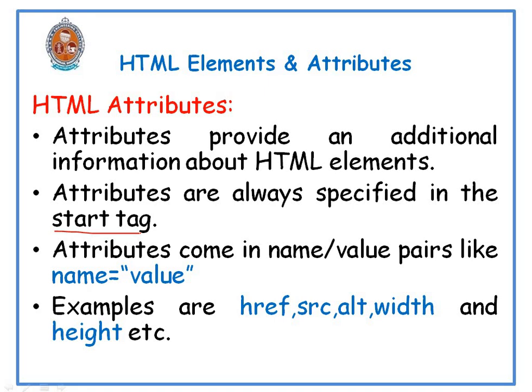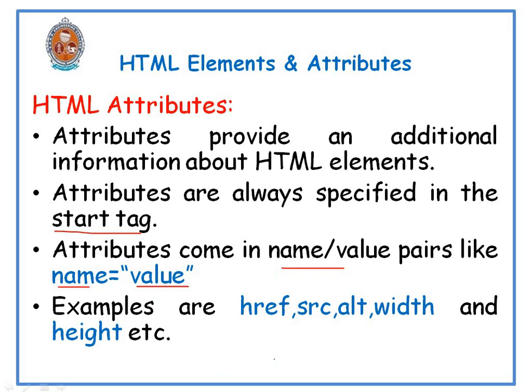In order to write an attribute, it is specified in the starting tag. Attributes always come in name-value pairs. Every attribute contains a certain name, and every attribute contains a certain value.